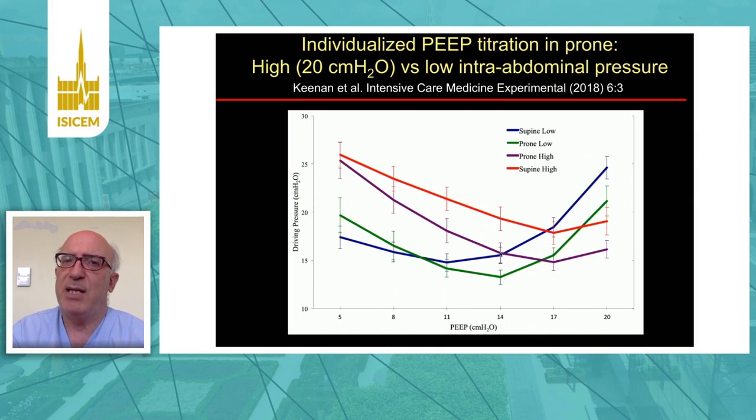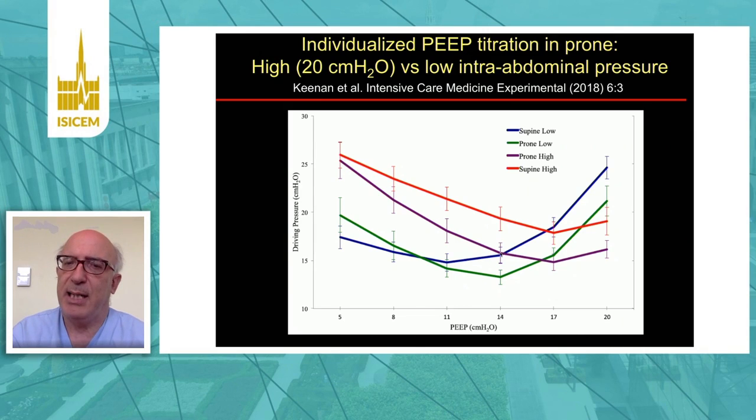Some studies investigated individualized PEEP titration in prone with high, 20 centimeters of water, or low intra-abdominal pressure. Here you can see the driving pressure at different PEEP levels in supine and prone position at low or higher intra-abdominal pressure.